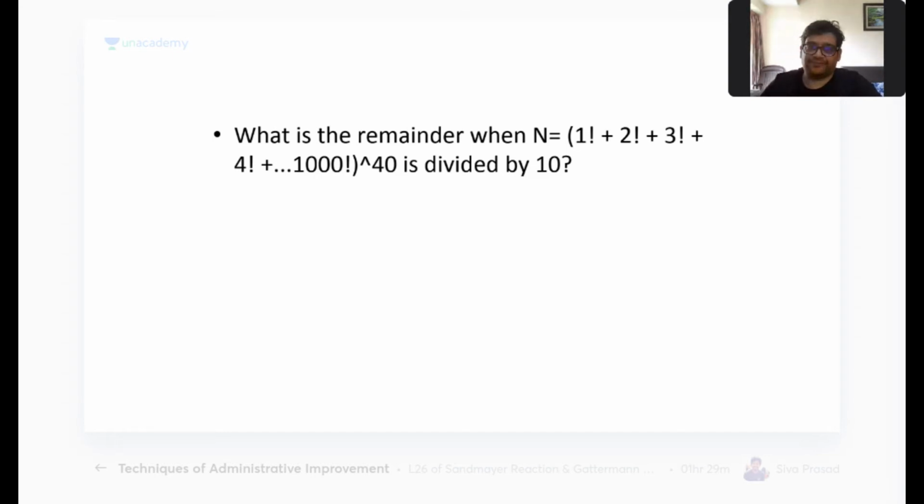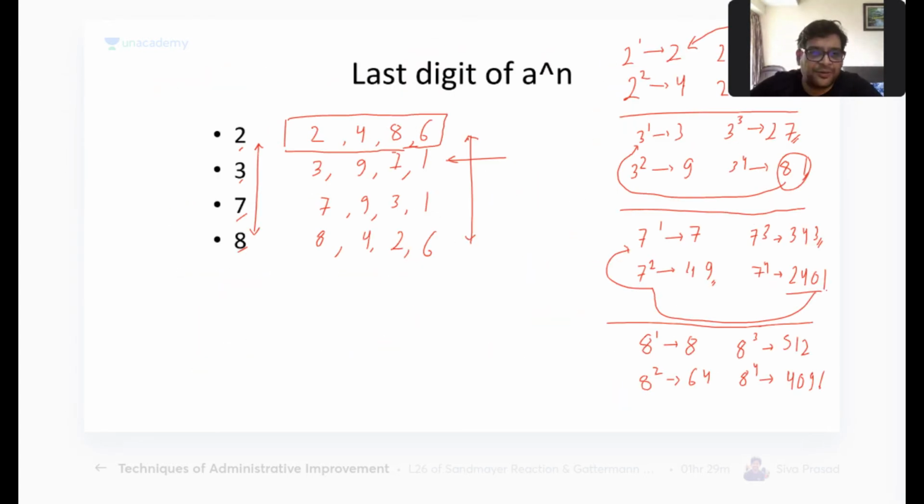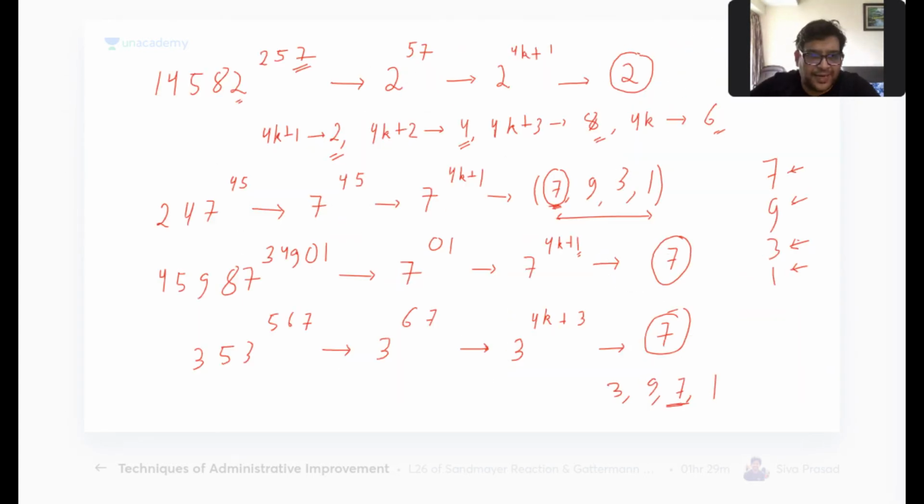Let's check. So I would like to go back to when we were discussing these questions. When I have a number which is raised to a power, and I am trying to find out the last digit of something like this, what matters is the last digit of the base and the last two digits of the power.